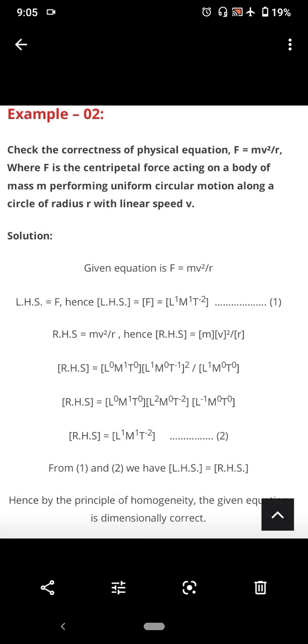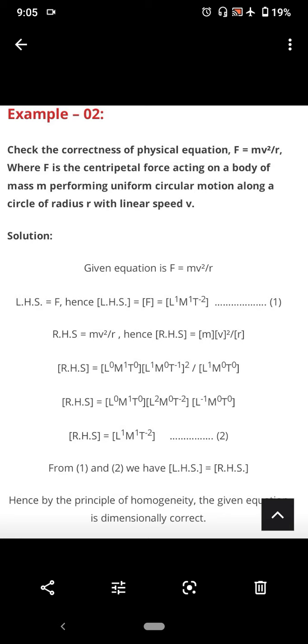In the left hand side we have the term force, and the dimension of force is MLT minus 2. We studied this earlier. In RHS we have mv square upon r.